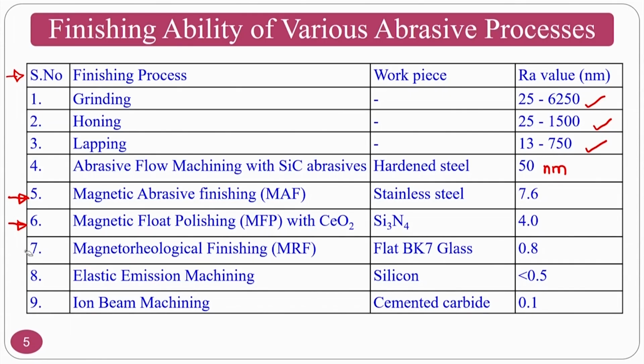Magneto rheological finishing process achieves a surface roughness of 0.8 nanometers, which means that the sub-nanometer range can be achieved. Elastic emission machining achieves less than 0.5, and ion beam machining and other processes can achieve 0.1 nanometer. This is the beauty of some of the processes given in the literature.